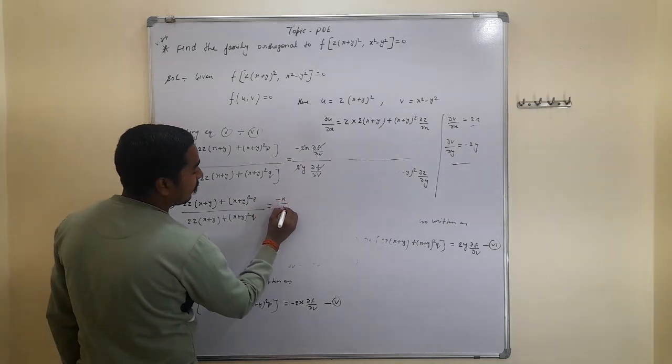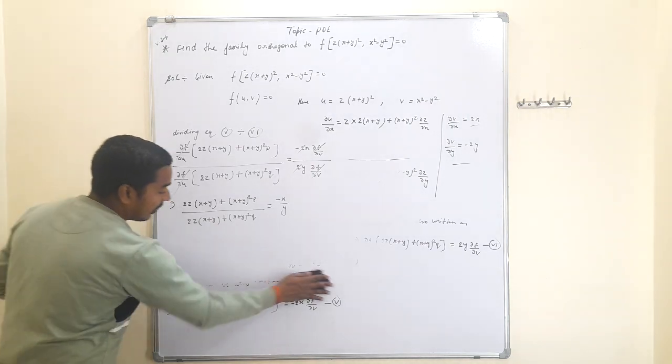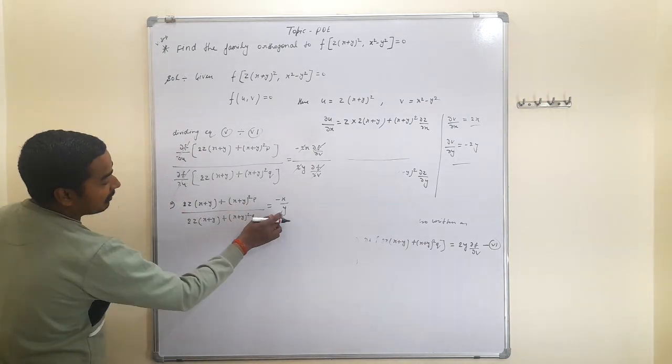minus x upon y, and we do cross multiplication with y.